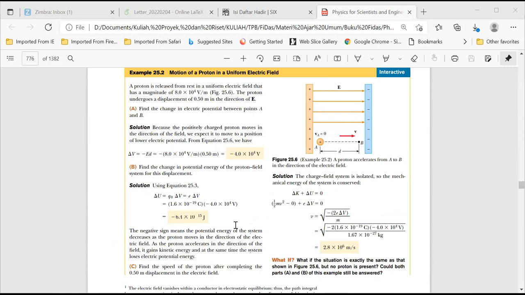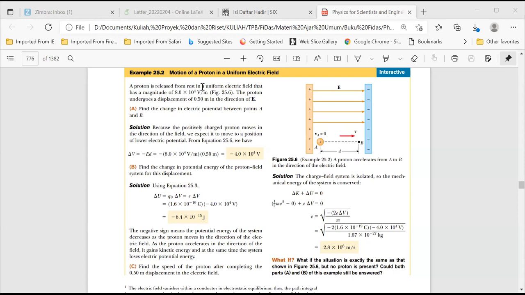From this figure, you see that the electric field is coming outside from the positive pole to the negative pole. So this is parallel with the direction of the proton. A proton is a positively charged particle.